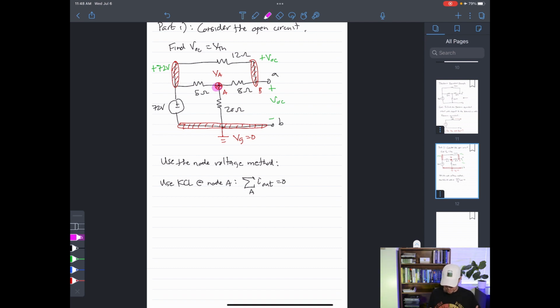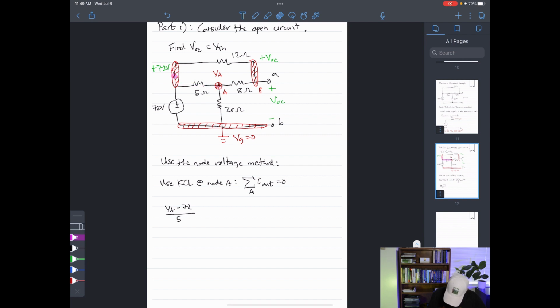Notice that there are 3 separate components hooked up there. So in the sum of my currents, I have 3 separate terms that I'm going to write. At node A, concentrating on that branch, the current flowing out of there is VA minus the 72 volts over here, divided by the 5 ohm resistor that current is flowing through.